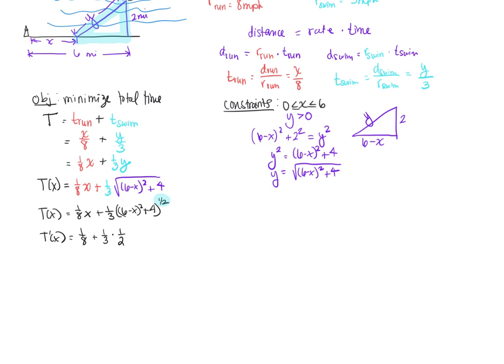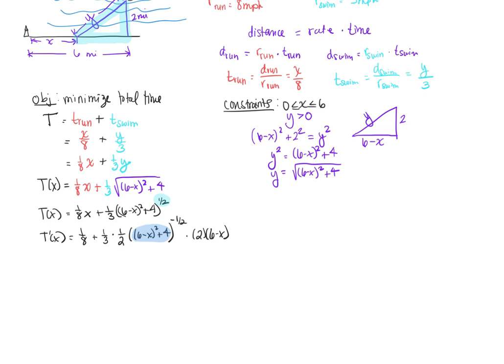So times the 1/2, and that means we do this (6 minus x) quantity squared plus 4, and we have to raise it to the 1/2 minus 1, or negative 1/2. Then we have to deal with the derivative of the inside. So that would be 2 times (6 minus x) to the 1, and the derivative of 4 is just 0.